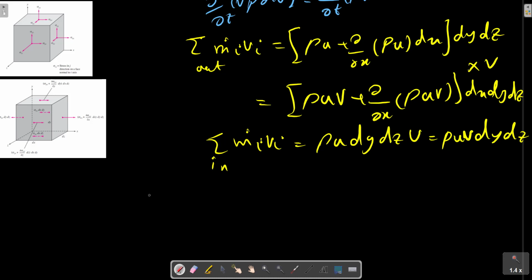So we can write the expression for Reynolds transport theorem as this expression, with multiplying the various parts in the outlet flow.